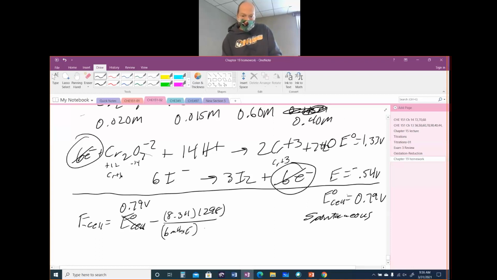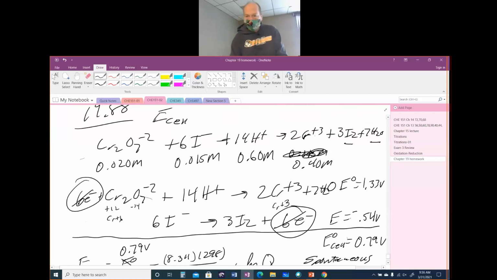All right, and so then you have your 9.65 times 10 to the 4th. And now you have your ln of Q. So we do have to calculate Q. So we go back up to our equation that was given. And so we have our Q value. The expression is your products, which is your Cr3+ raised to its coefficient of 2.